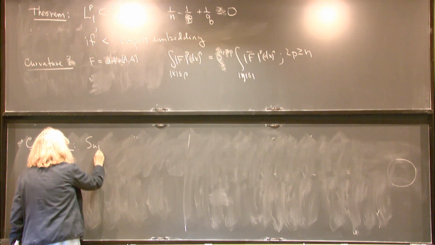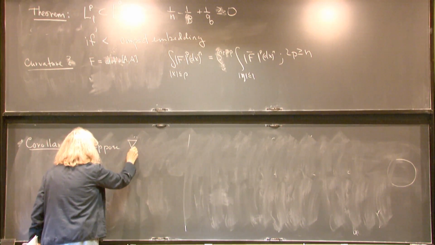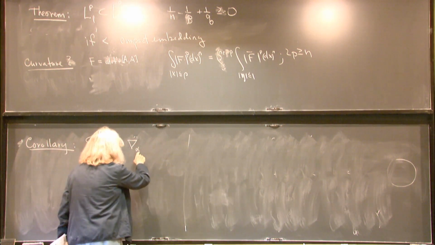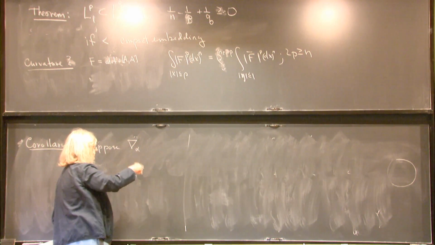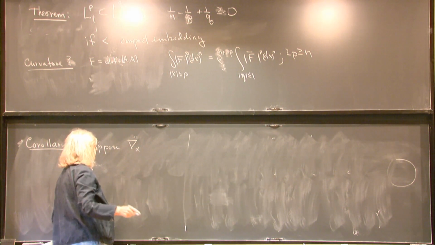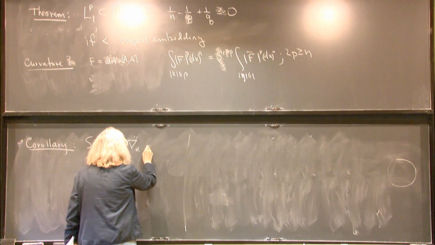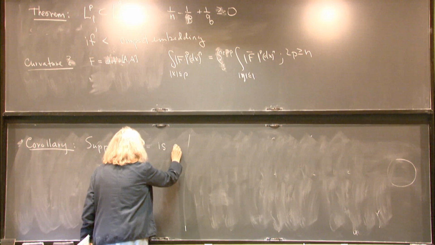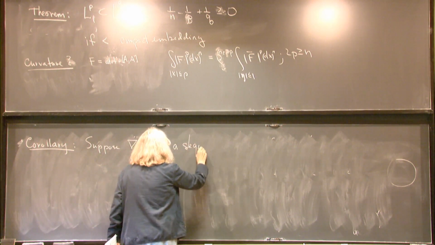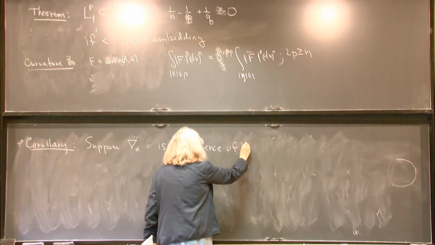Suppose, and I'm counting, this is not an index, this is a sequence of connections. I'll call them Yang-Mills type equations.